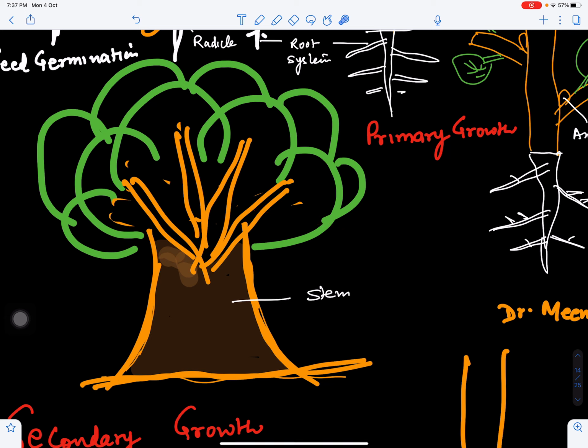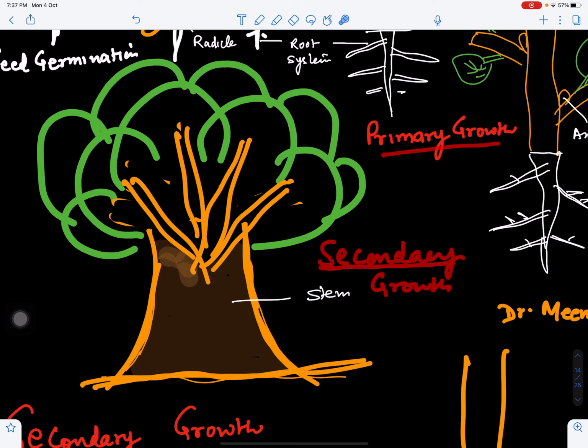So this is to support the tree growth. This increase in diameter, formation of wooden branches and supporting the canopy structure is called secondary growth. So the first growth which occurs is called primary growth, and the growth which occurs later and increases the diameter of the plant is called secondary growth.